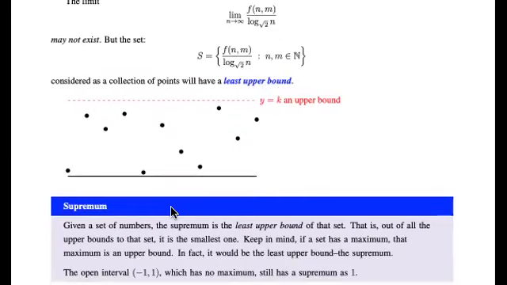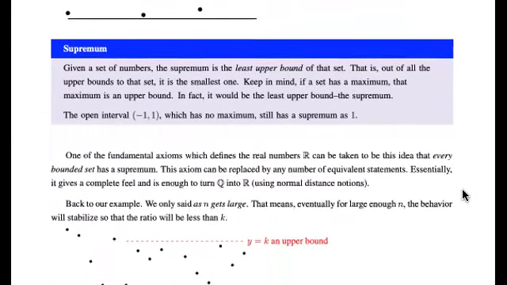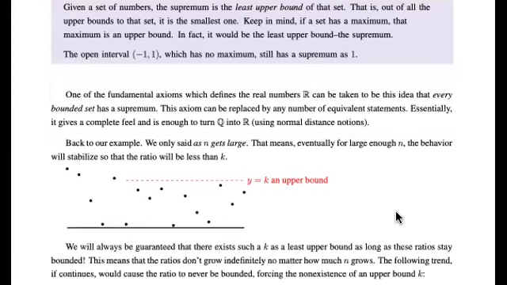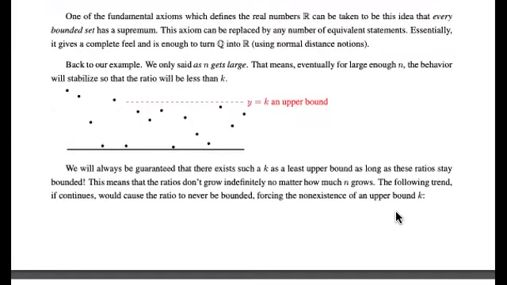In the real numbers, one of the axioms that is used is that every bounded set has a least upper bound, a supremum. I guess it needs to be bounded for sure in that condition, unless we're extending it to include infinity.